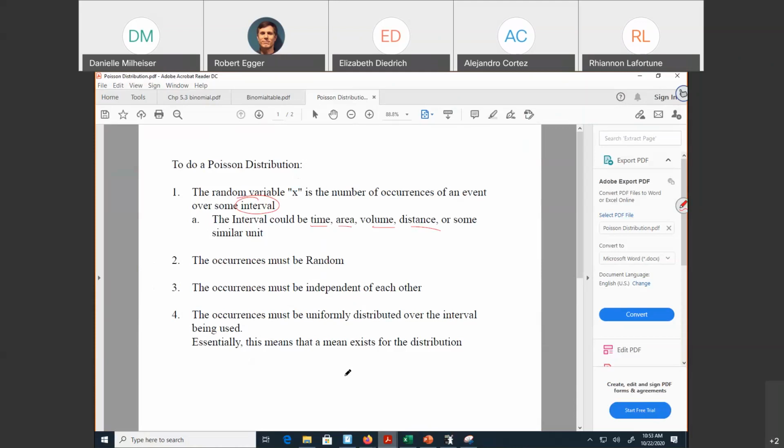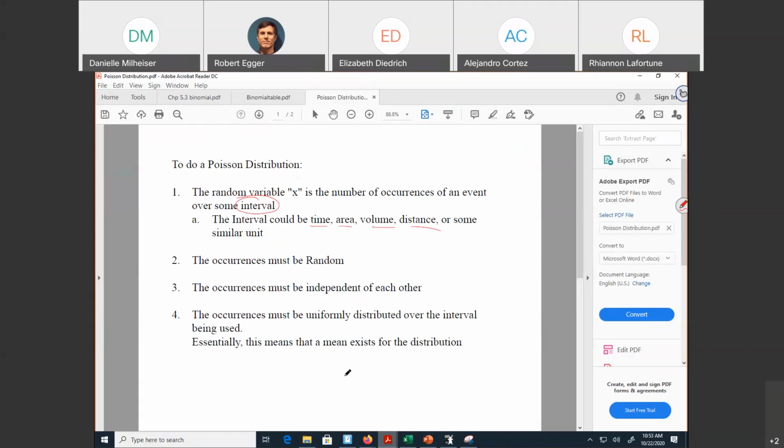It's not like pounds or inches or feet. I don't know how else to describe it, but usually we're talking about something within a time, area, volume, or distance.